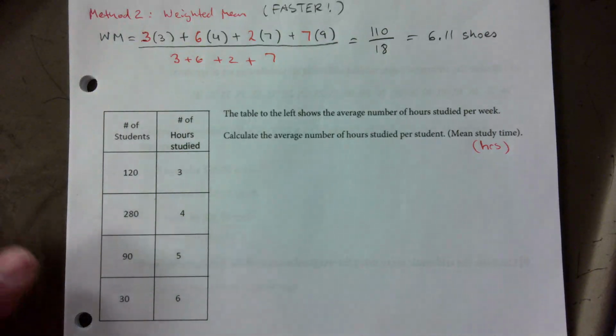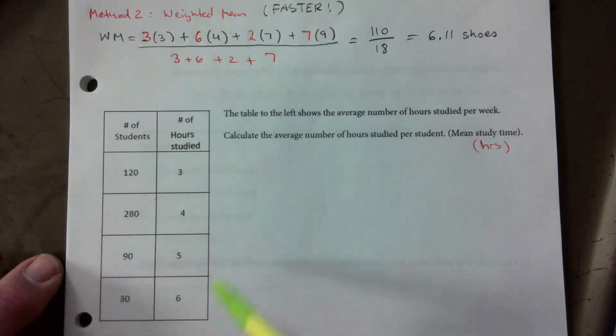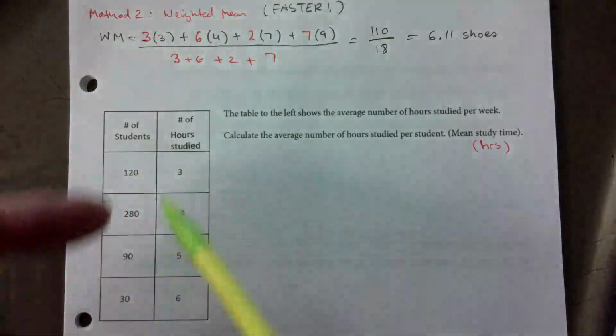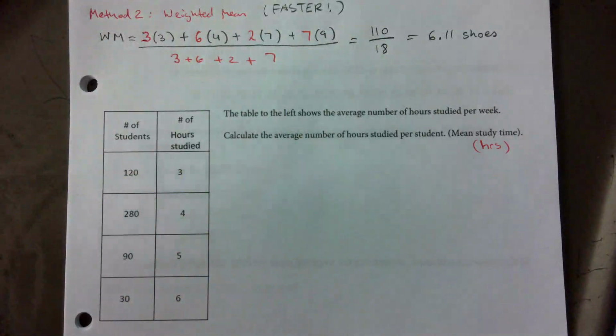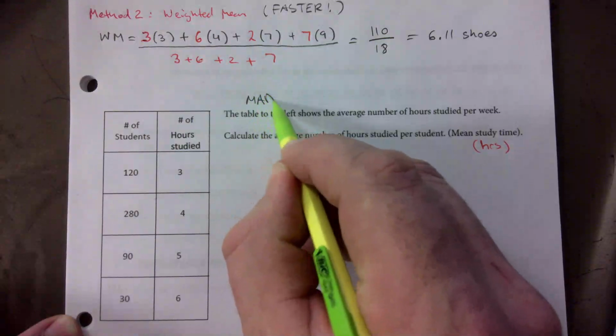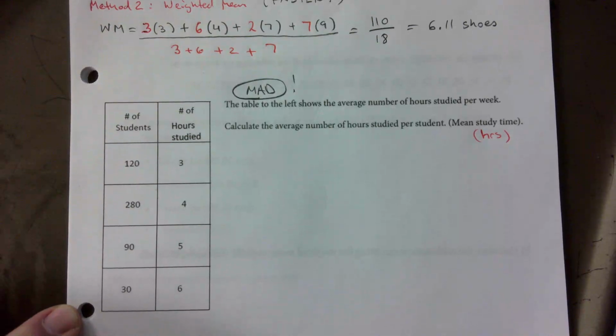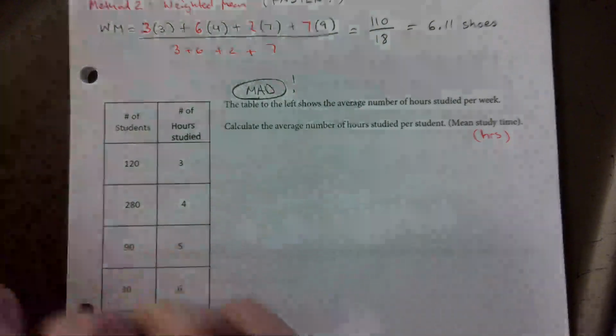That's what we want. So guess what? You should recognize this. There's 2 different categories. There's a table here. You should be thinking MAD, right? Multiply, add, divide. So let's do the multiplying first.